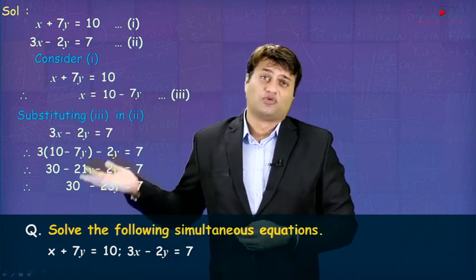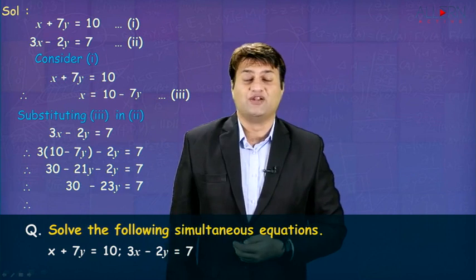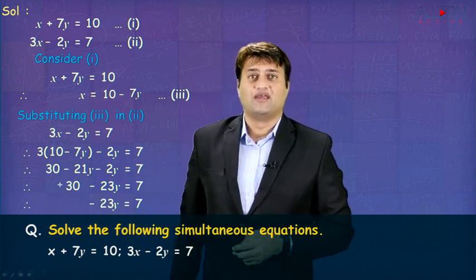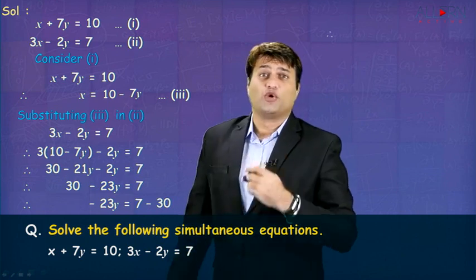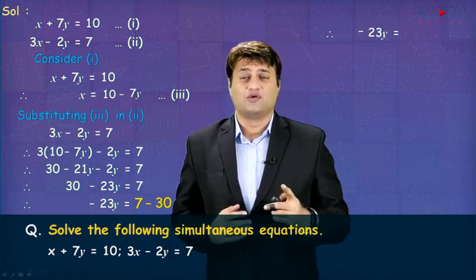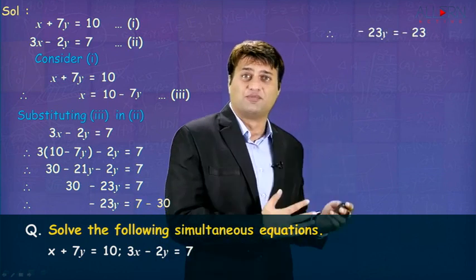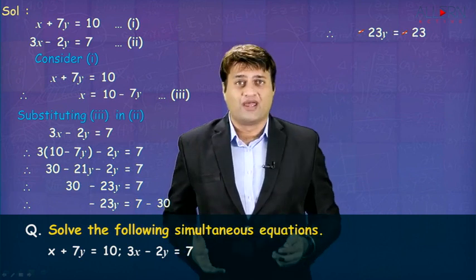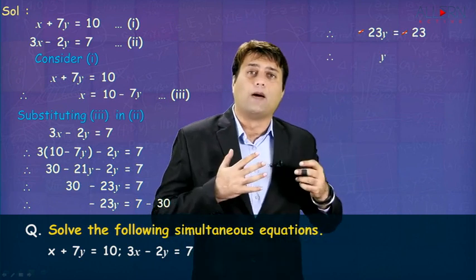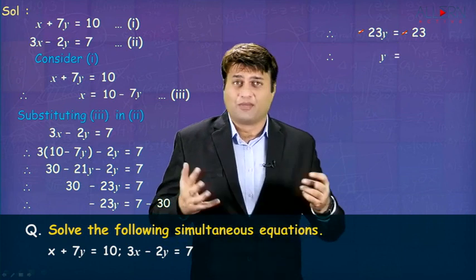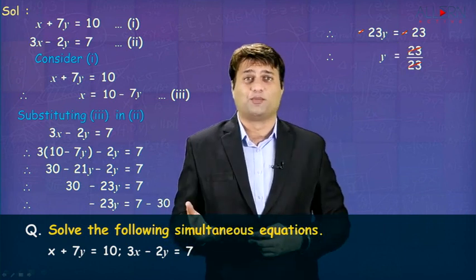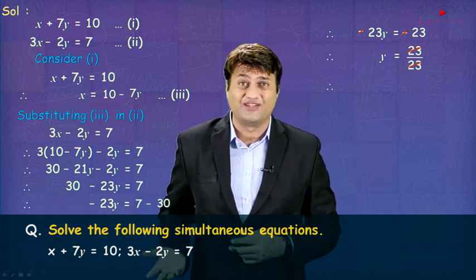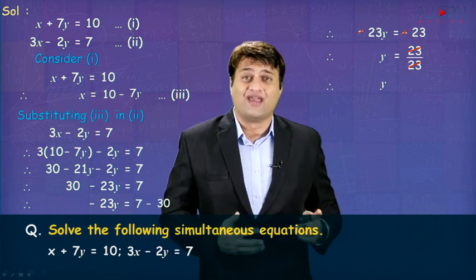Now variables on one side, constants on the other side, you get minus 23y is equal to 7 minus 30. 7 minus 30 is minus 23, and you get y as minus 23 upon minus 23, where minus minus becomes plus.